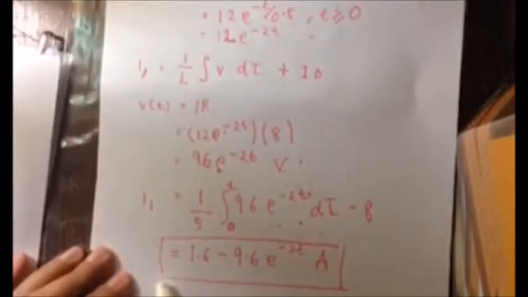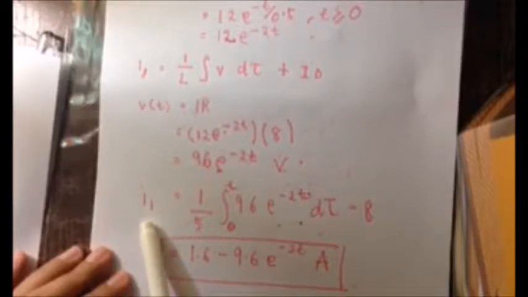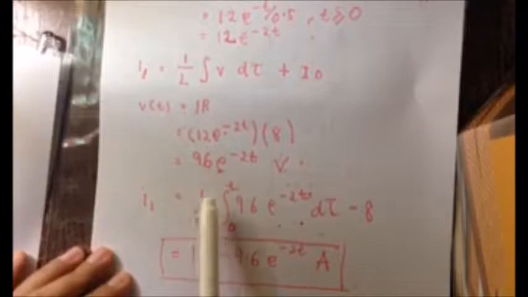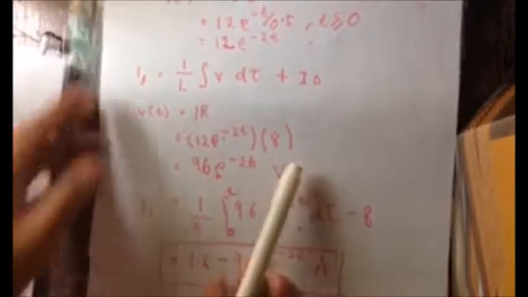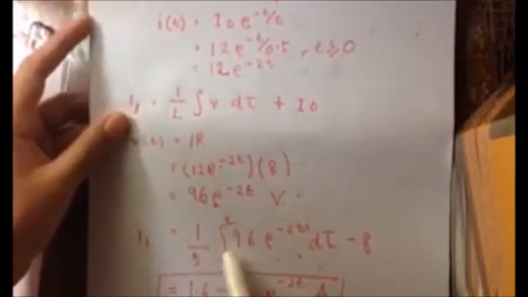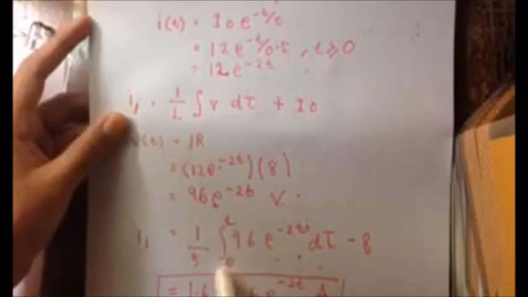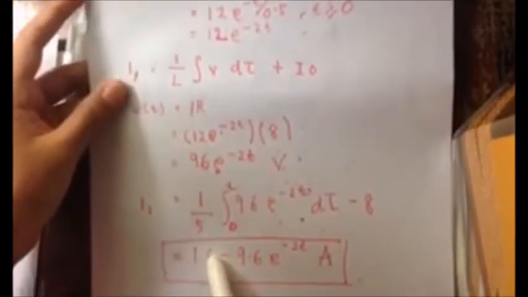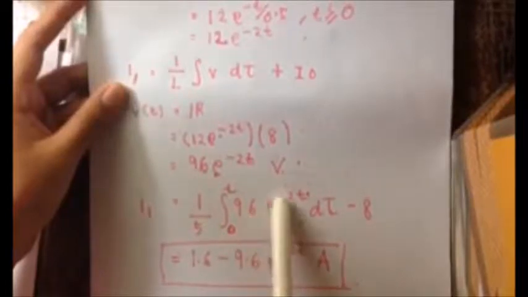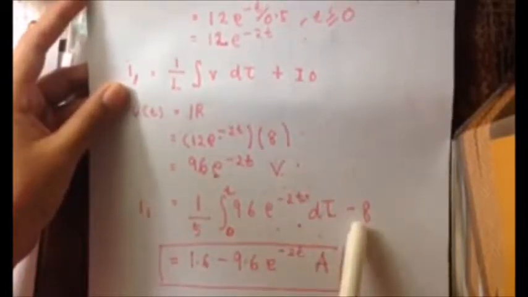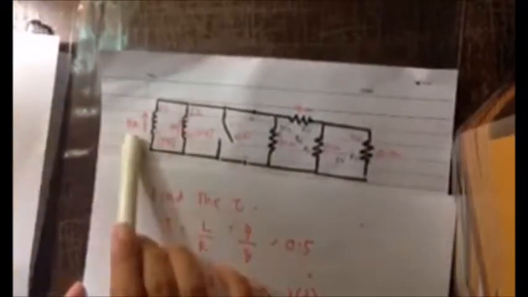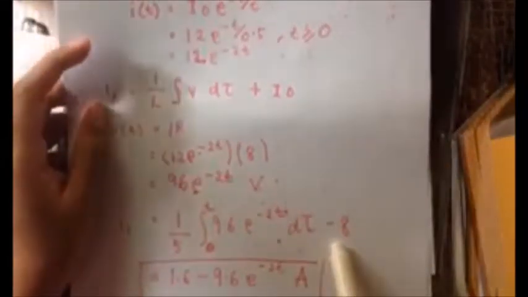Next, we find I1, I2 and I3. For I1, we include the value of 1 over L, where L1 is 5, and the integral from 0 to t, because we don't know the exact value of t, of 96 e^(-2t) d tau, minus 8, because the I0 of L1 is negative 8.